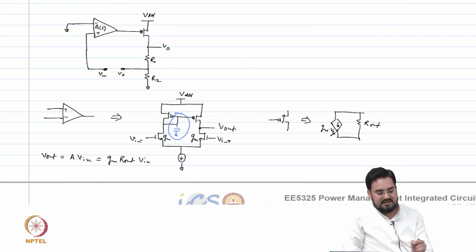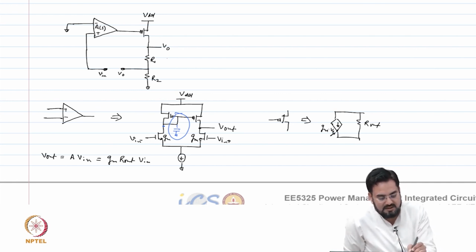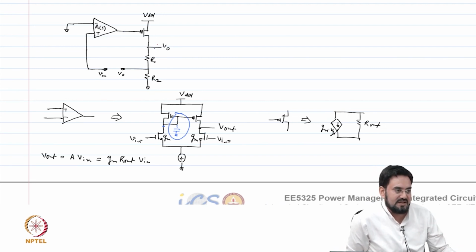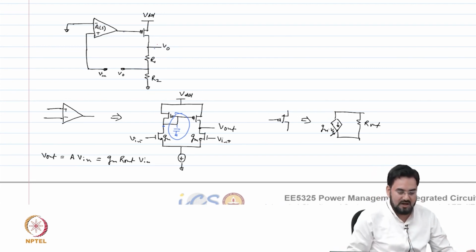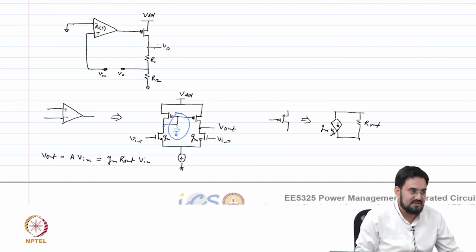The reason is, if you look at the impedance looking here, R out is much smaller because it's 1 by GM. Okay. So, mostly we will have a 2 pole system here when we connect the capacitor at the output. The first pole will come at the gate, the second pole will come at the output, and we will analyze it as a second order system, and we will see what capacitor values you require to compensate it. Okay.